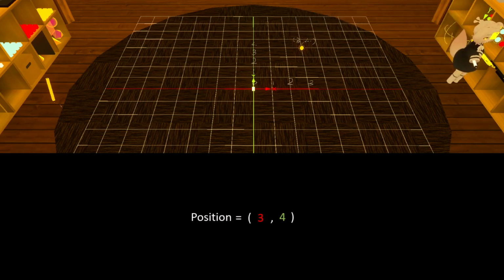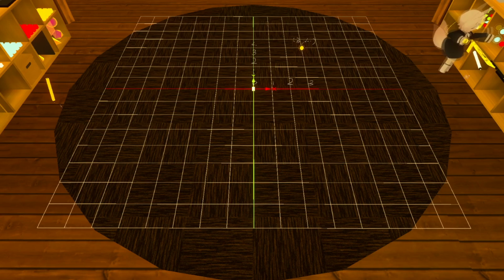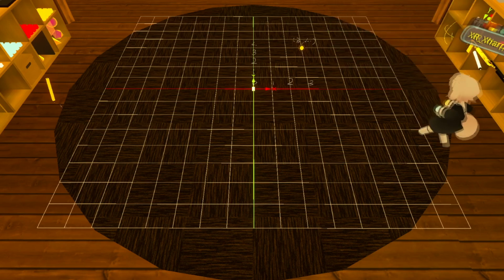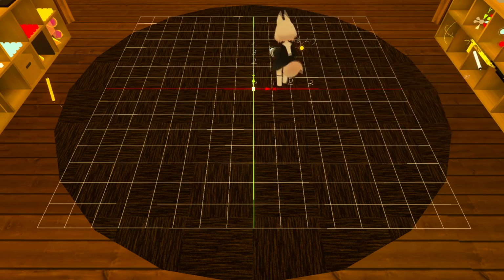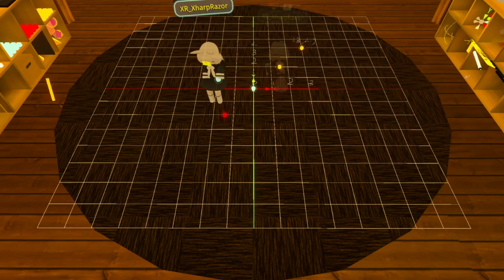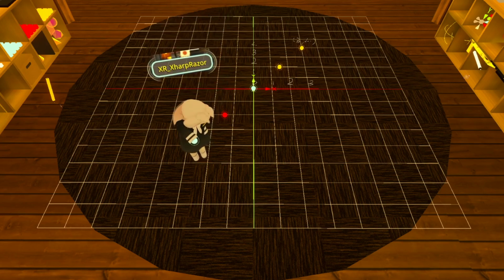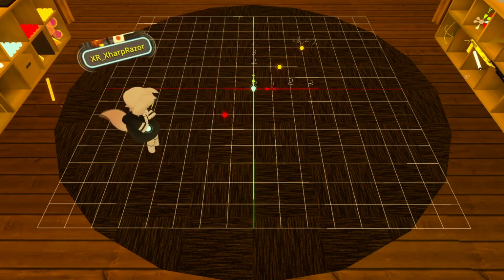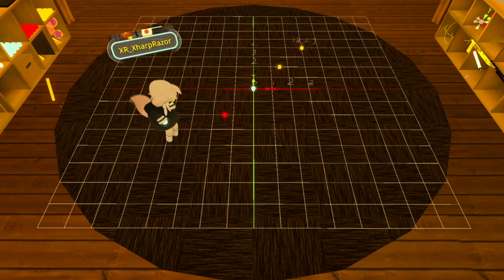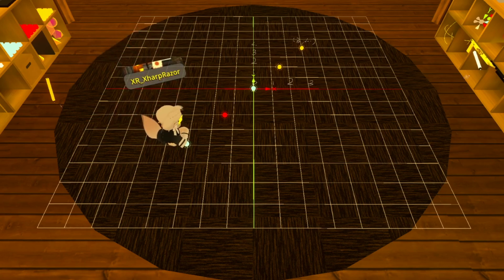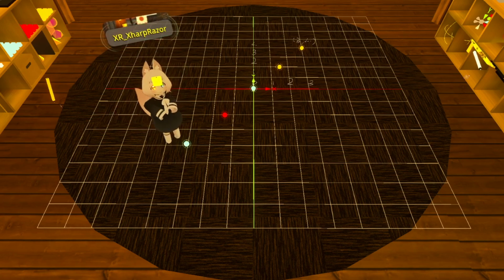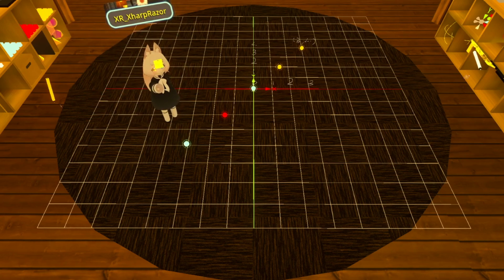Now here's the thing. If you have more points, let's say I put this one over here, you can actually see that with enough points you can make a shape out of it. So one important concept is that a shape on the Cartesian plane is actually made out of many dots.